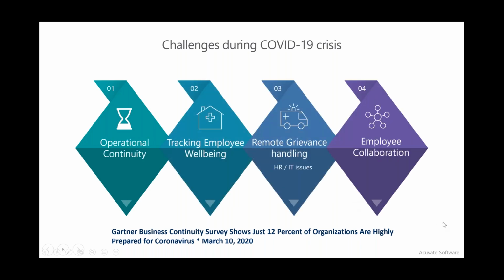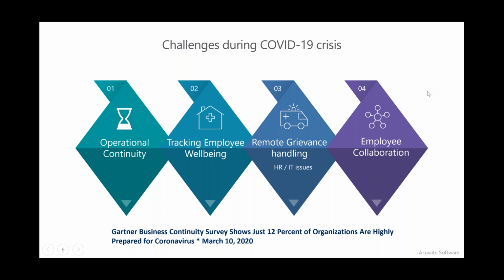Thank you. Some of the challenges that we have seen during this COVID-19 crisis, as you can see here on this slide, are things around operational continuity and tracking the well-being of employees, because a lot of us are working remotely now, and so that becomes an important aspect of being able to keep track of where employees are.